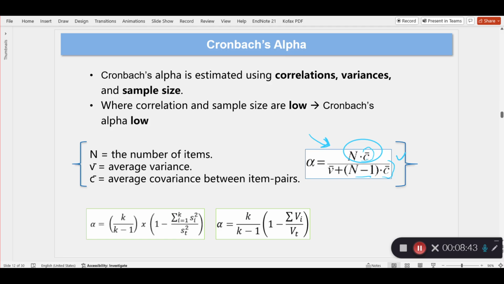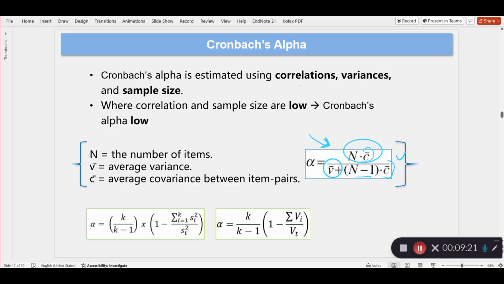But on the other hand, if this average covariance between item pairs is small compared with the average variance in each item, then we will be looking at a problem in terms of internal consistency, meaning that there is not enough variance in common between item pairs, and the idiosyncratic or item specific variance is larger than variance in common between them, and this would result in a lower Cronbach's alpha value.